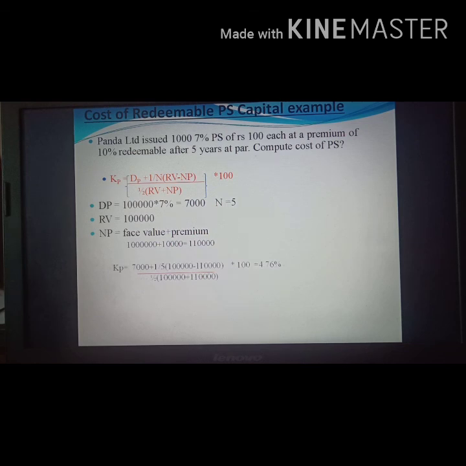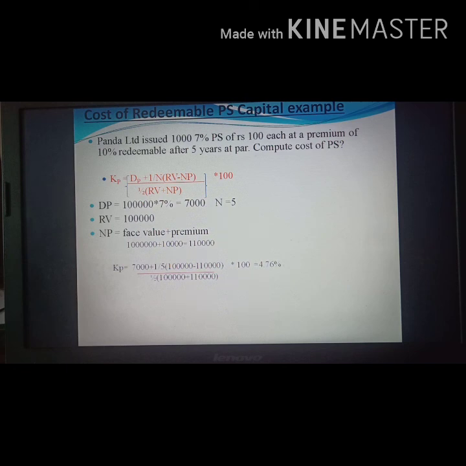Now just substitute the values: the dividend 7,000 plus 1 by 5, that is 5 years, and the redeemable value is 1 lakh minus the net proceeds 1 lakh 10,000, divided by half into redeemable value plus net proceeds, into 100. We get 4.76%, which is the cost of redeemable preference share capital.